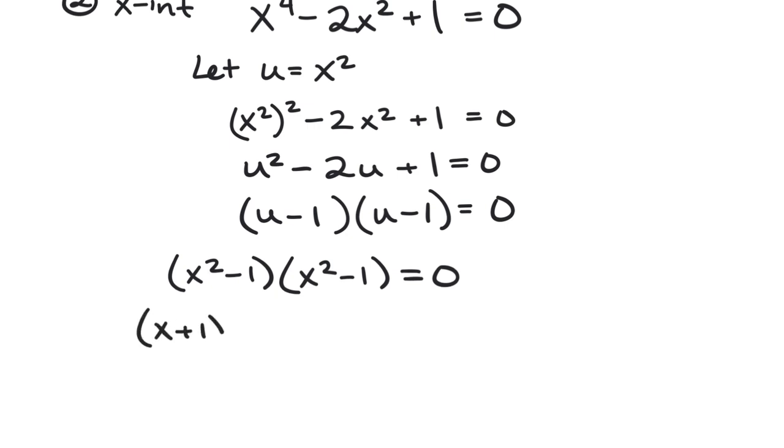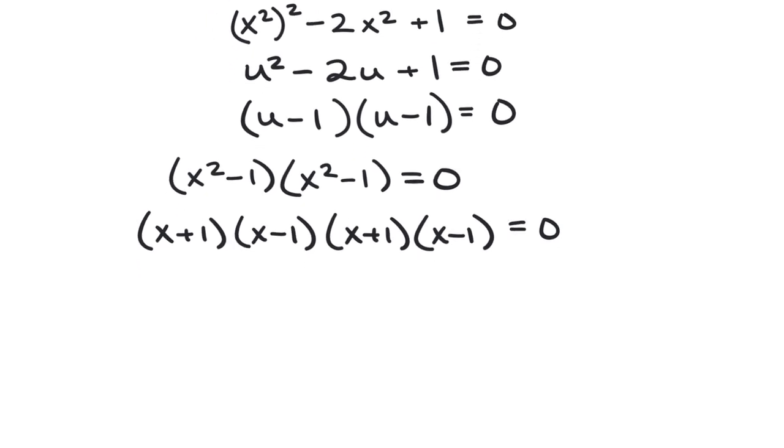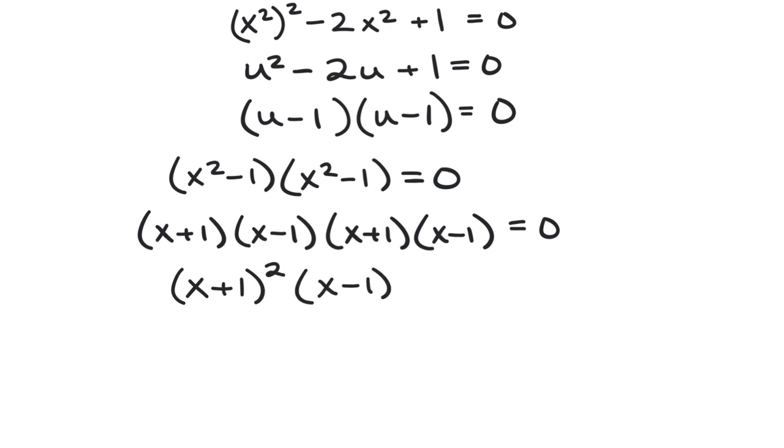Yeah, x plus 1, x minus 1, x plus 1, x minus 1 equal to 0. That looks way chaotic to me, so we can reduce this down to something easier to look at. Isn't this just x plus 1 repeated twice and x minus 1 repeated twice?